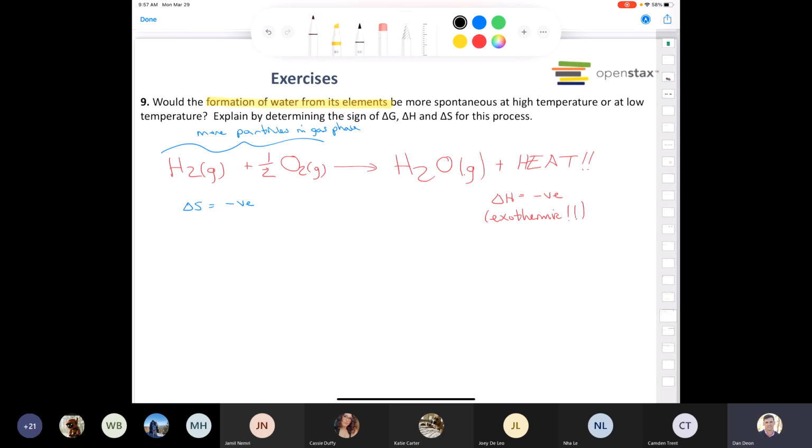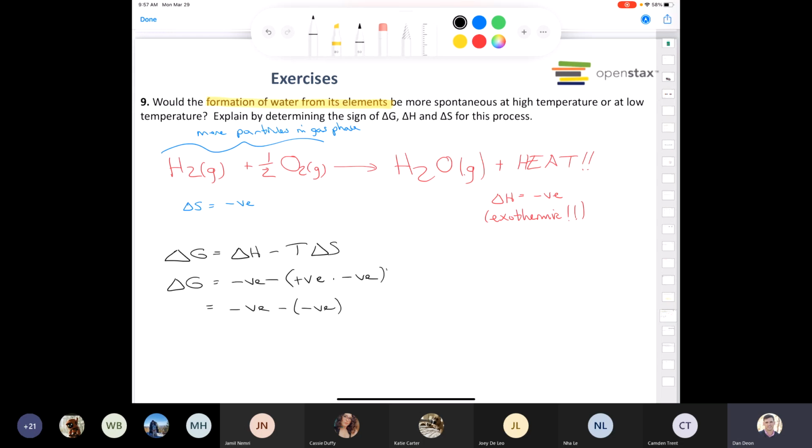Okay, let's do the exercise that we did last class. Delta G is equal to delta H minus T delta S. So that means that delta G is going to be equal to a negative number, subtract, T is always positive, right? A positive number times a negative number, which means you've got a negative number, subtract a negative number.